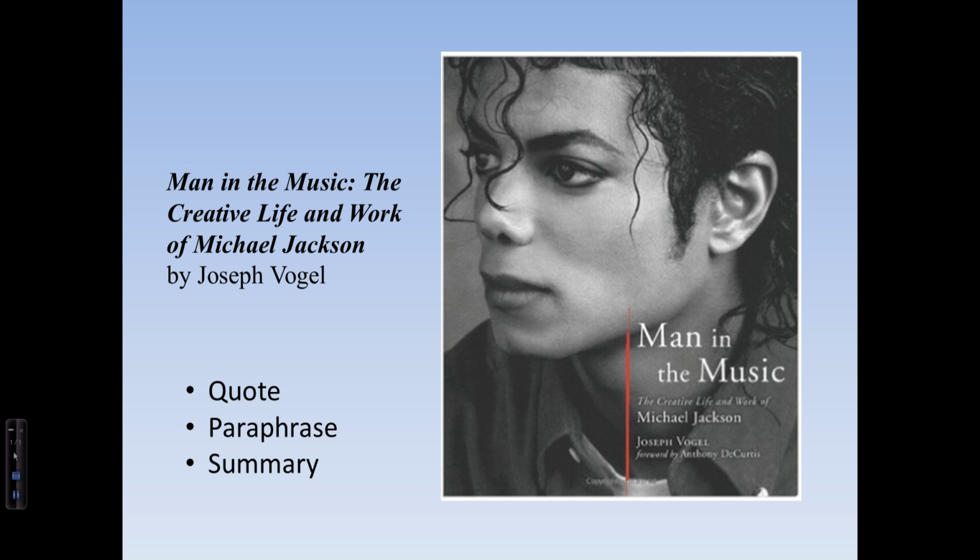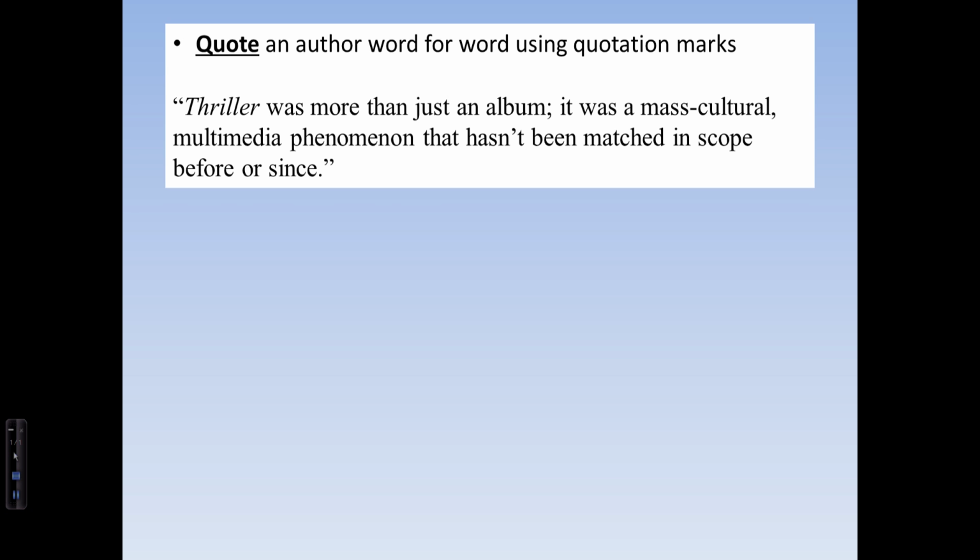Let's say we're doing a paper on Michael Jackson and we've used information from this book, Man and the Music, The Creative Life and Work of Michael Jackson by Joseph Vogel. The information can be written in our paper in several ways, as a direct quote, as a paraphrase, or as a summary of the author's work. In our paper, we could include a quote from the book. A quote or quotation is identical to the original resource.